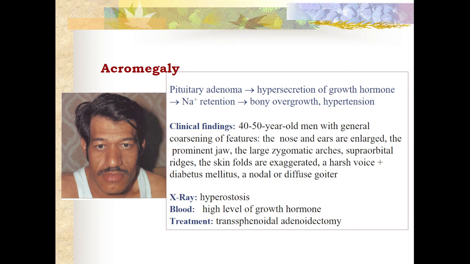A harsh voice, plus maybe diabetes mellitus, a nodal or diffuse goiter. On X-ray, we can reveal hyperostosis, and in blood a high level of growth hormone. Surgical treatment: adenomectomy.